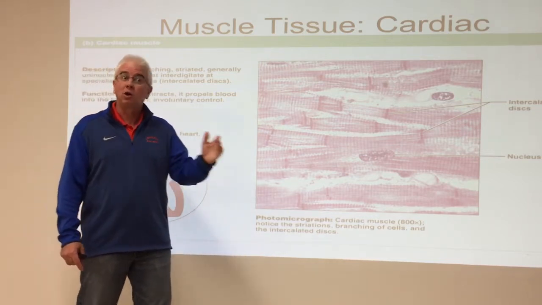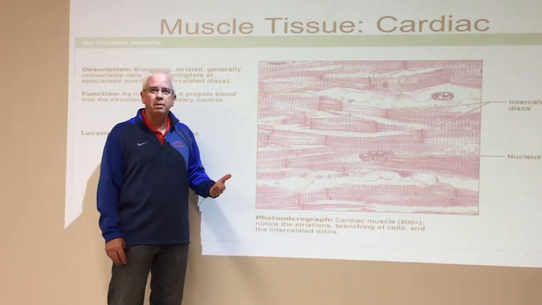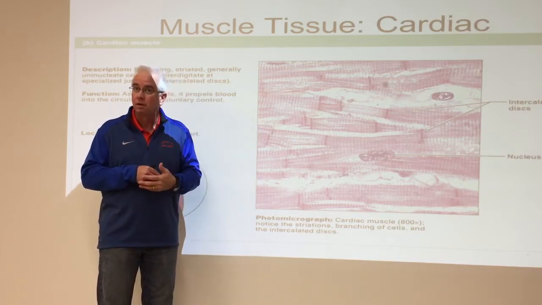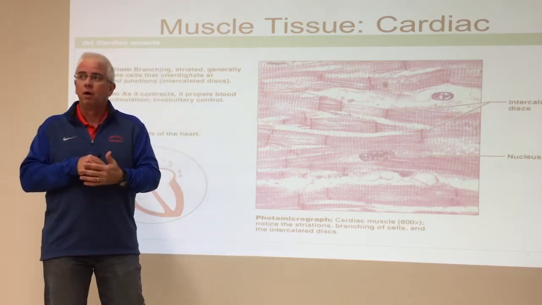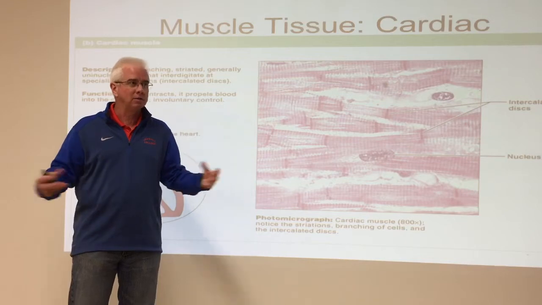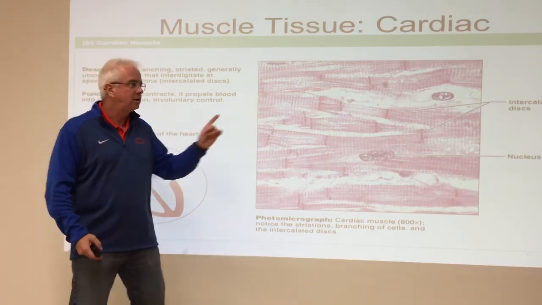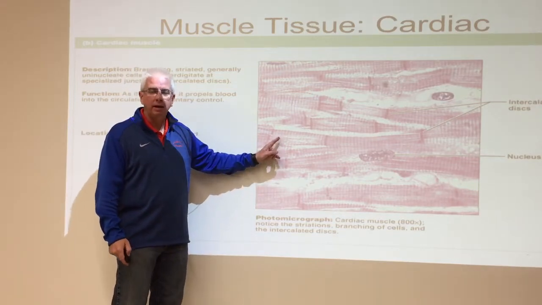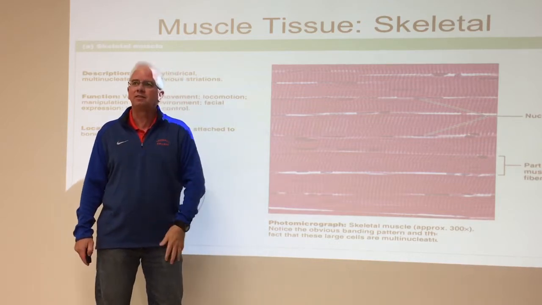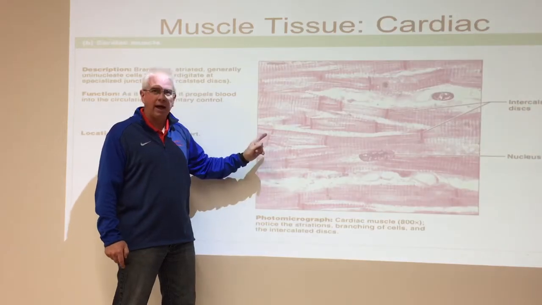In fact, when we start talking about muscle later this semester, I'm going to bring this up again, because the arrangement of actin and myosin is the same, which means functionally the way a skeletal muscle cell works and the way a cardiac muscle cell works is the same. But when you looked at this picture immediately after I showed you that picture, you didn't think to yourself, that's the same, right? This does not look like that.